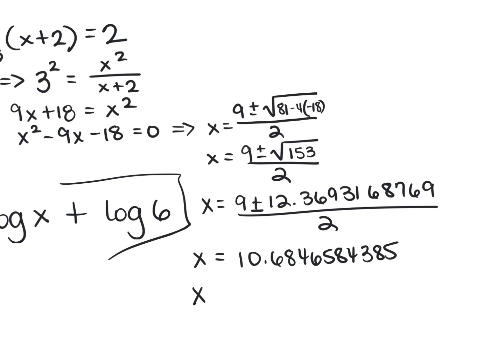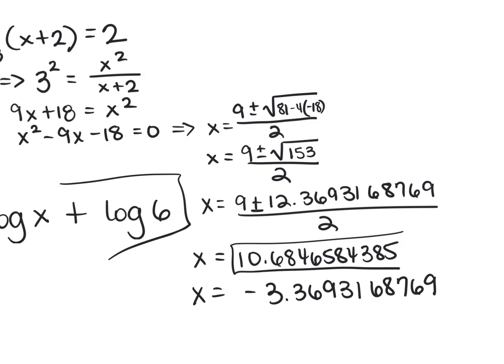And if I look at the negative, we end up with negative 3.36931768769. So what we have to do, obviously the positive one is going to be fine. So that's definitely an answer.